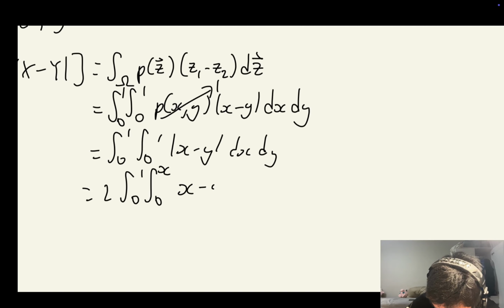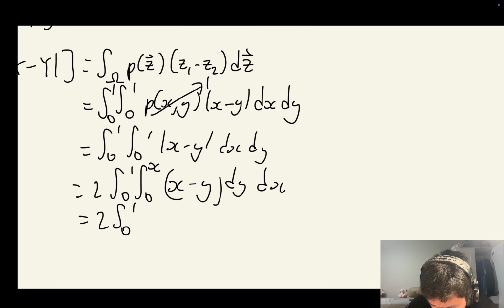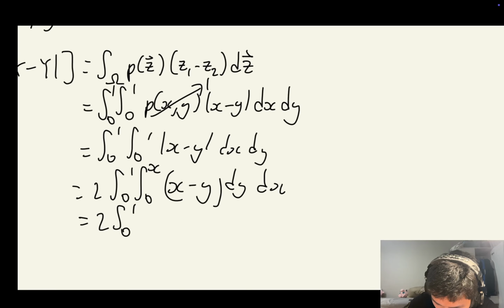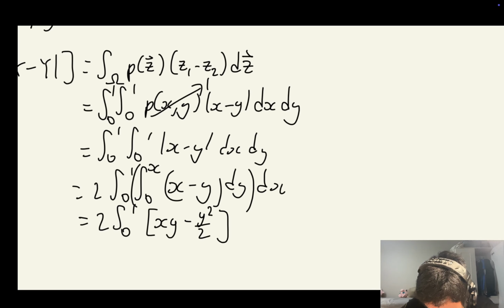To have x less than y. Have this. Now we can just integrate this. This is going to be xy minus y squared over 2, evaluated at 1, 0.